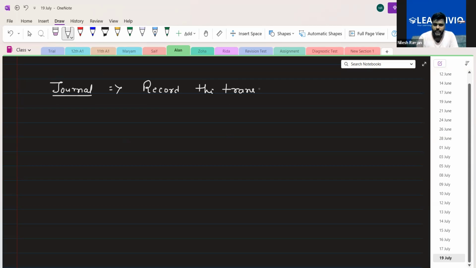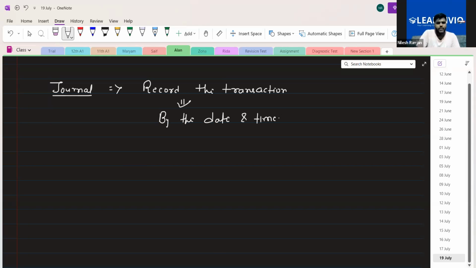Do we record the transactions category wise or just by the date? We record the transactions in an order, by the date and time. Yes.